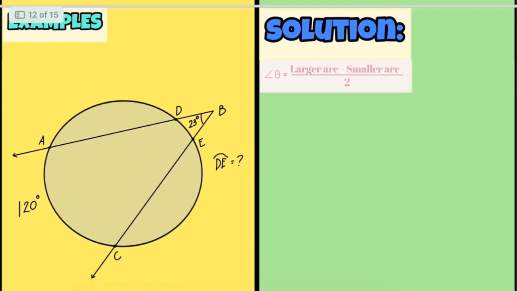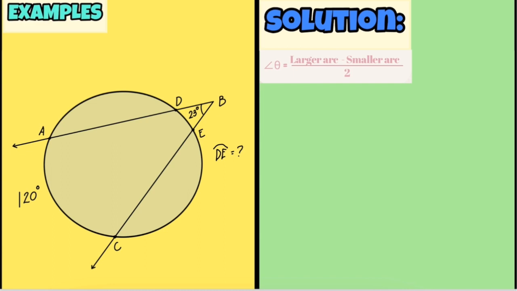Now here, the difference between this example and the previous one is we have to somewhat derive it a little or manipulate the equation in the middle. So first, we have to substitute. Our reference angle here is the measurement of angle ABC. Larger arc is arc AC minus the smaller arc, which is arc DE.